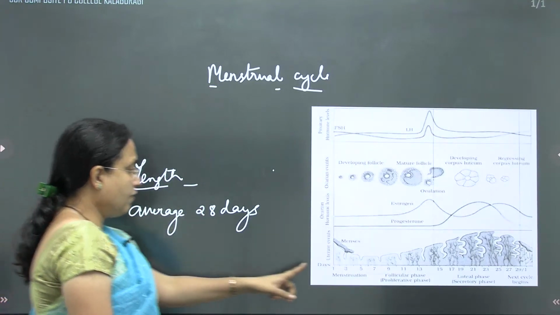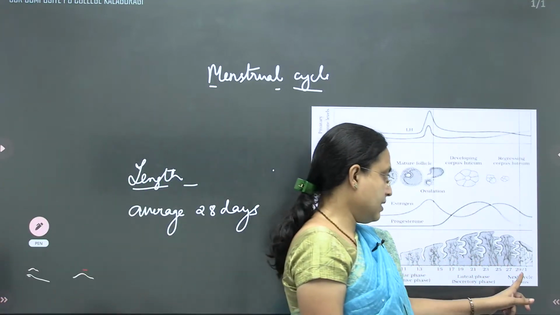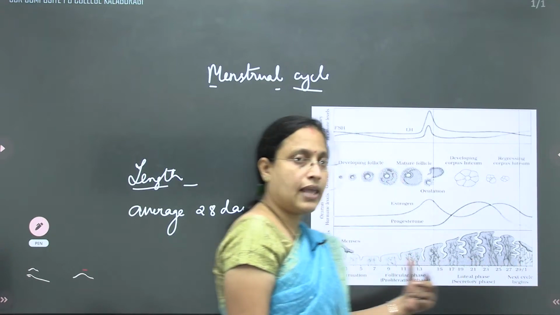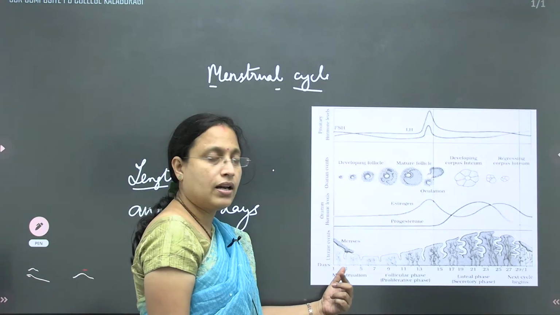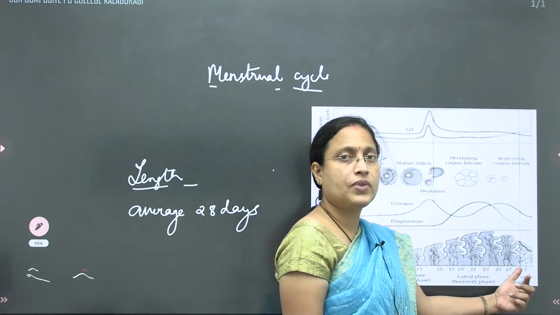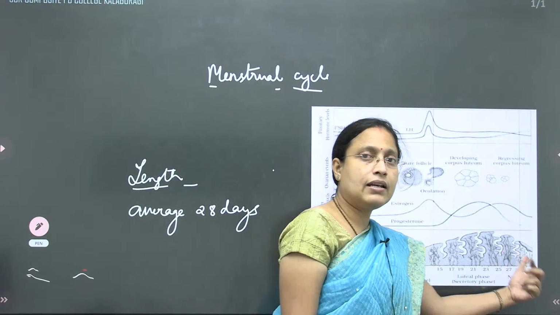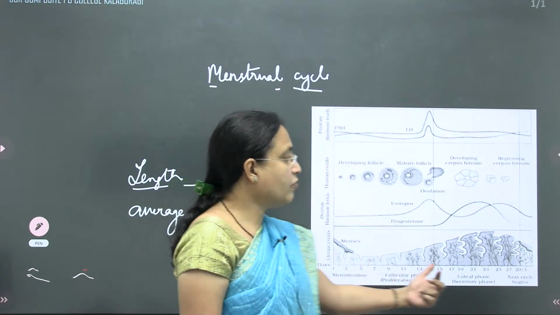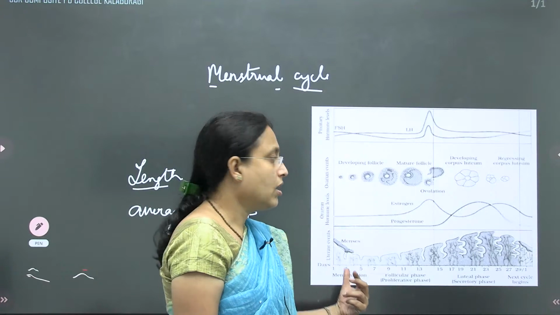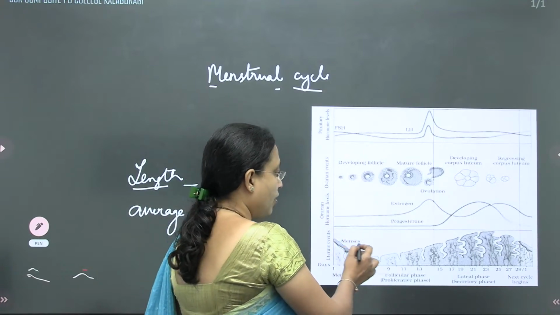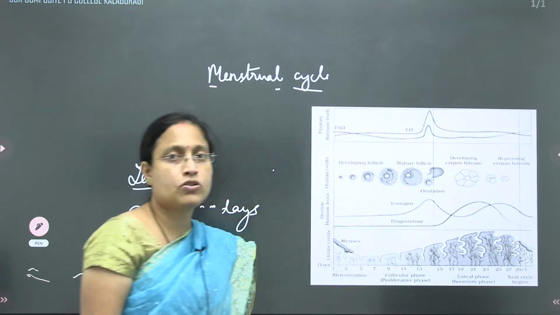Now, after the 28 days, the cycle again begins. So next will be again day 1 to day 28, then after day 28, again day 1 starts. So the length of menstrual cycle itself is 28 days. It will begin with the day of menses or menstruation.